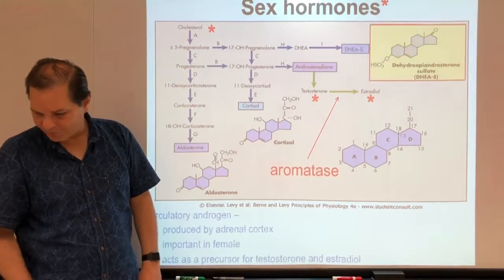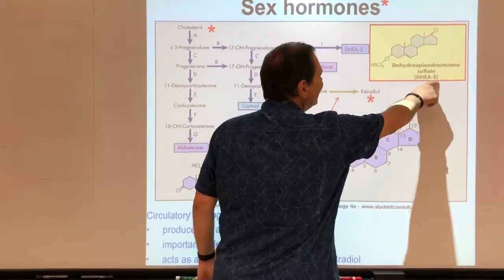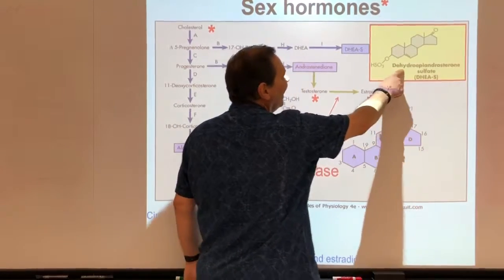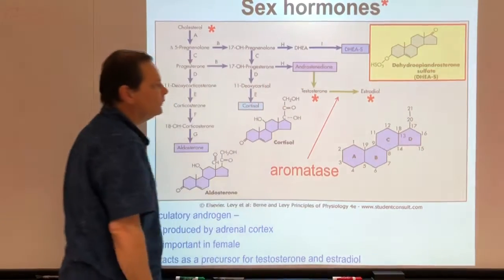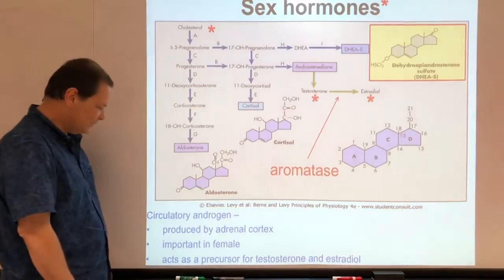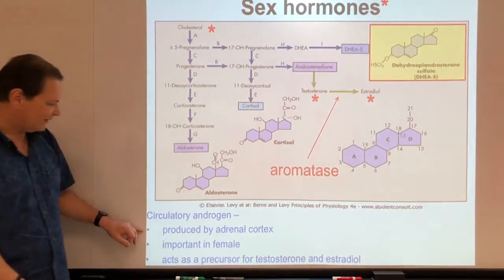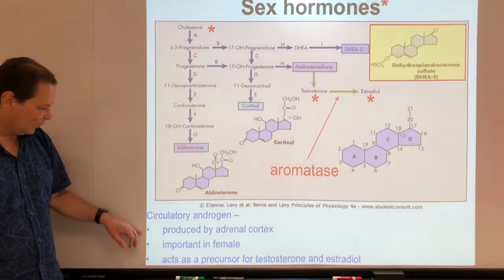Another thing on this slide, which you may note just briefly, DHEA, dihydroepiandrosterone, quite a mouthful. This was mentioned on the last slide. It's produced by the adrenal cortex, so not the testes or the ovaries.